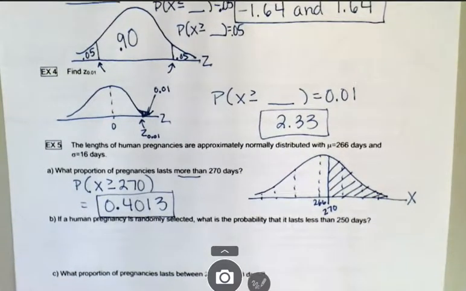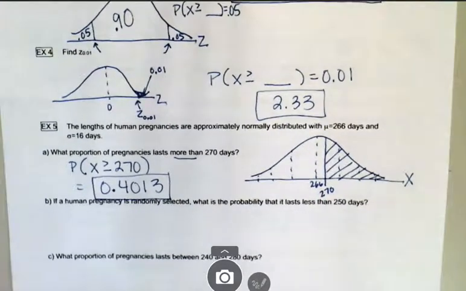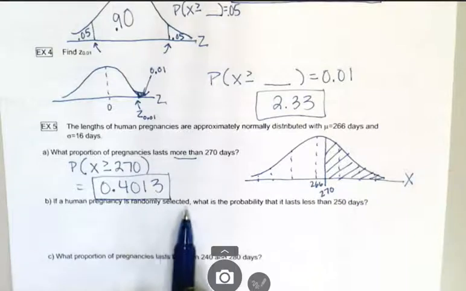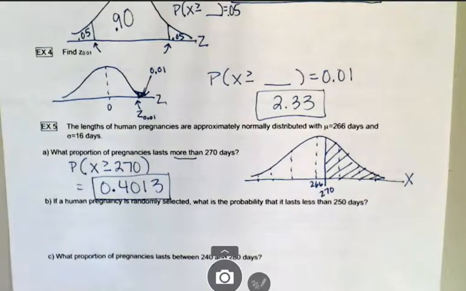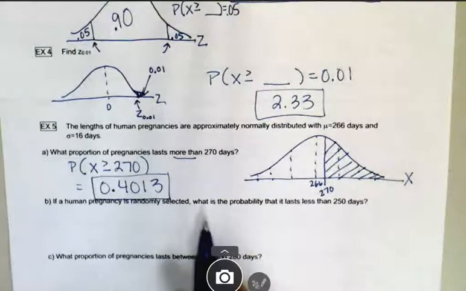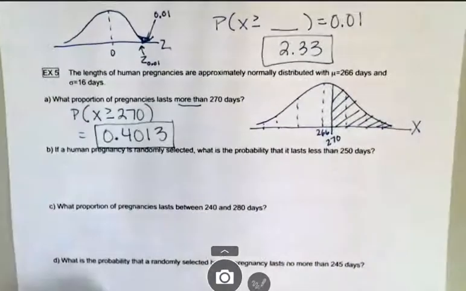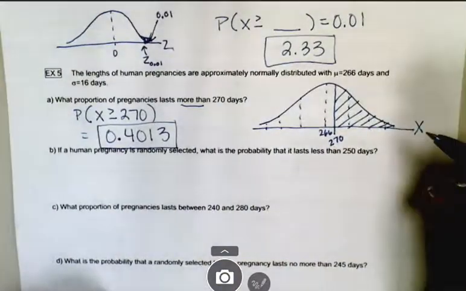Notice the difference in the wording from part A to part B. This says what proportion. This one says if a human pregnancy is randomly selected. So we talked about this in 7.1 and the different interpretations that these areas give us. So we're still going to do the exact same thing. It's just that the wording of what we're asked to find is a little different.